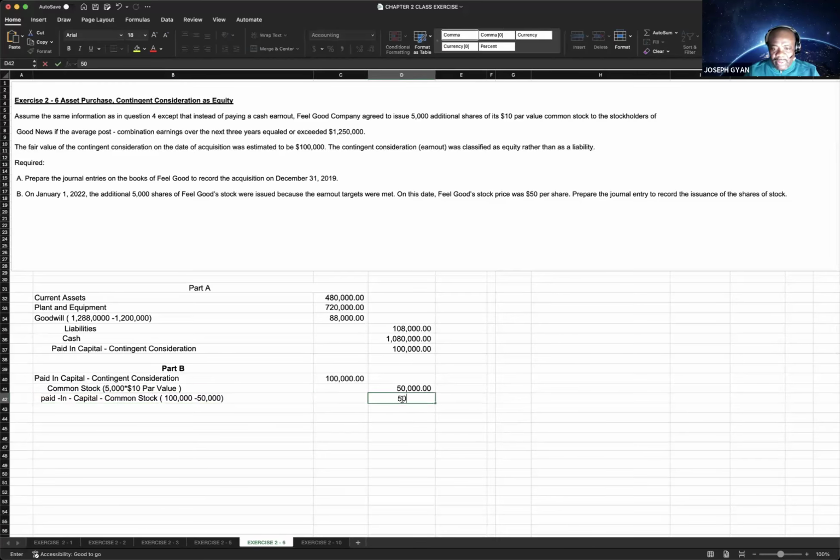So the gain of 50,000 is the additional paid-in capital that we are getting. Any questions?